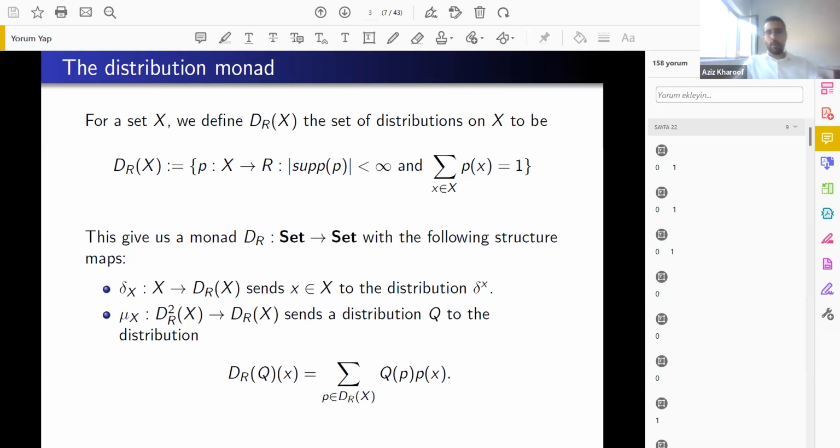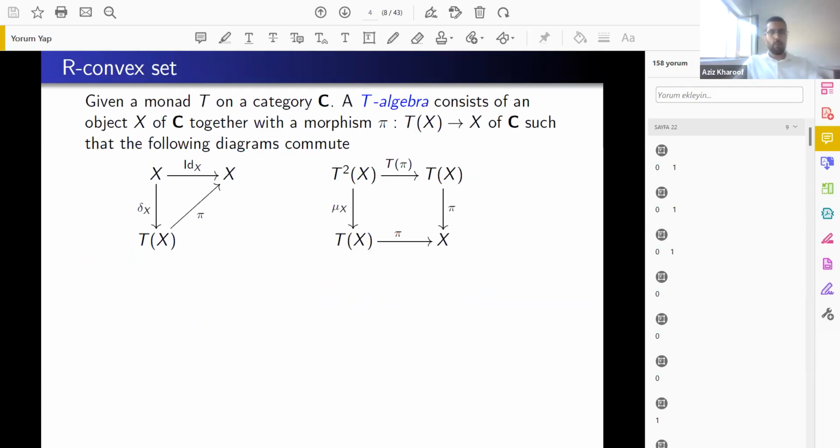So now we want to talk about algebras over this monad. Let me remind you what an algebra over a monad, or T-algebra, is. If we have a monad T on any category C, it does not have to be sets or something, any category C. A T-algebra is an object X in C with a morphism from TX to X such that the following diagrams commute.